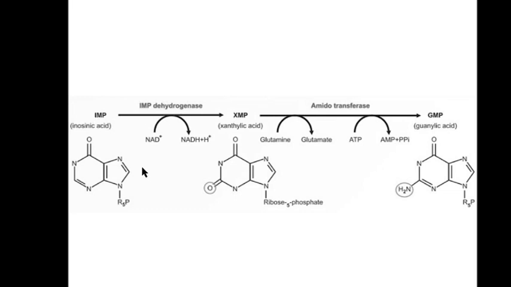Inosine monophosphate, upon dehydrogenation with the help of an enzyme called IMP dehydrogenase, which requires NAD as a coenzyme, is going to form xanthylic monophosphate or xanthylic acid, which is going to give rise to guanosine monophosphate with the help of an enzyme called amidotransferase, wherein it requires glutamine as a cofactor and ATP. So the ATP is converted to AMP and inorganic pyrophosphate, and this gives guanosine monophosphate. Thus we have both purine nucleotides with us.